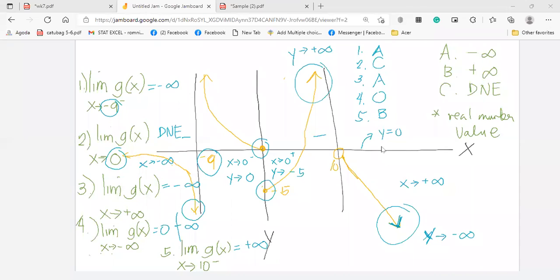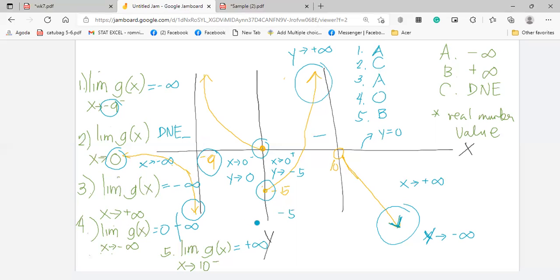Okay. Marami ang sumasagot ng B, B being positive infinity. I-review natin. Number 1, left of negative 9. Bumababa ang y infinitely habang nilalapitan ng negative 9. Left, negative infinity. Number 2, approaching 0. Ang right ng 0, ginagawa ng y nilalapitan ng negative 5.